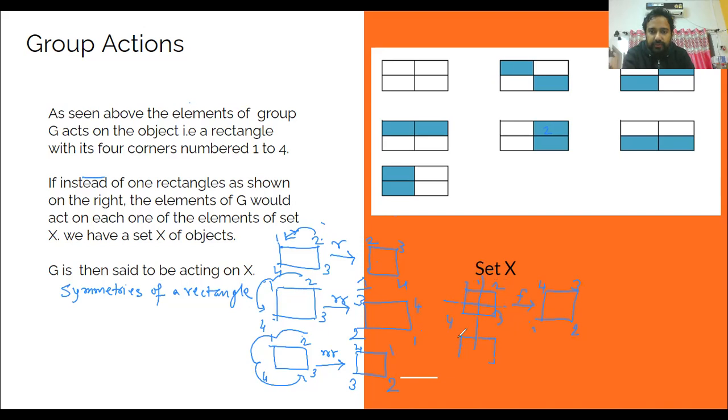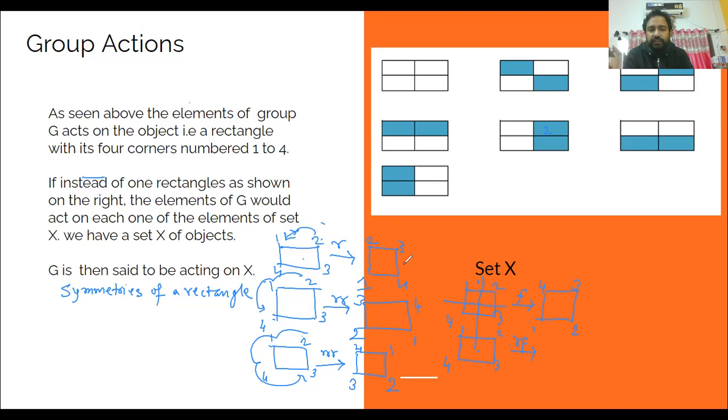Now we do a composition using the same three actions we discussed before, R, R square, and R cube. In other words, R, RR, and RRR. So we do an R followed by a flip.